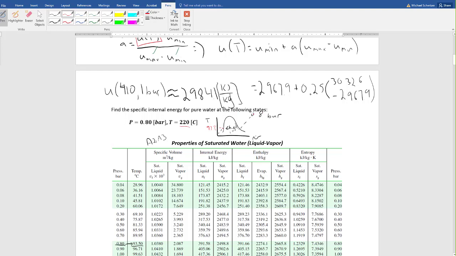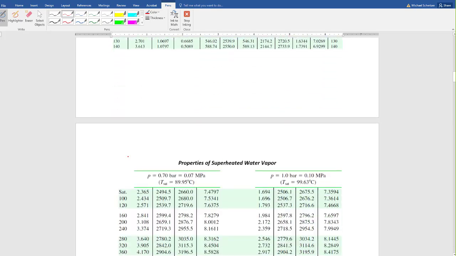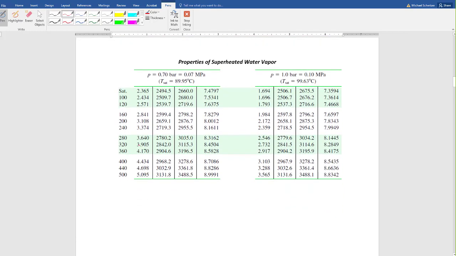So where does this 0.8 bar line intersect with this 220 degrees Celsius line, which has to be higher than this? It's going to intersect over here. And again, we have a superheated vapor, so we're going to go to these superheated water vapor tables like we did last time.